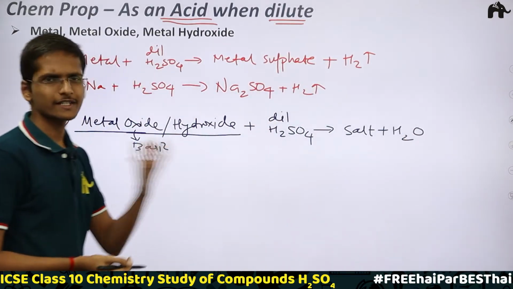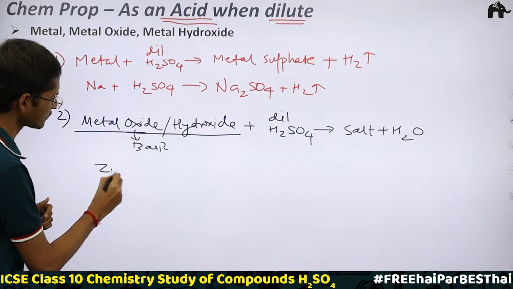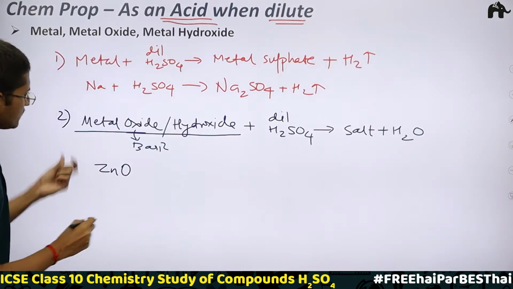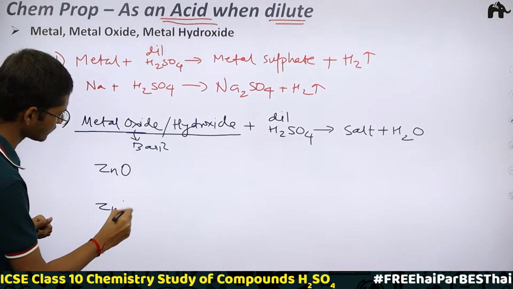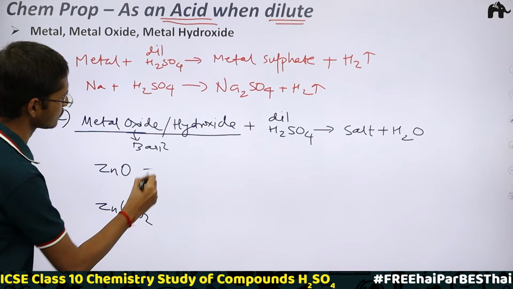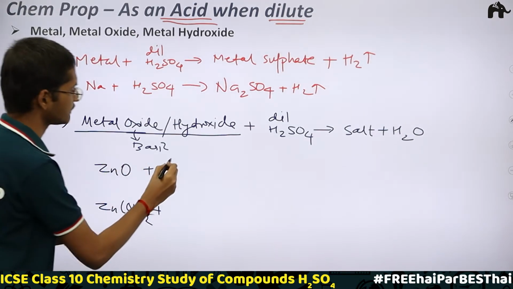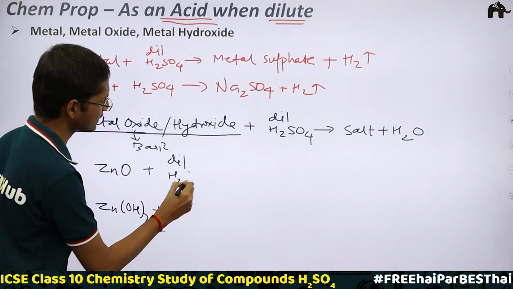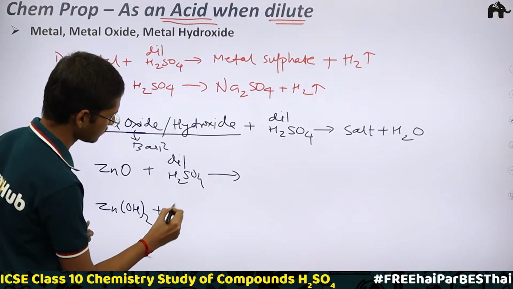Now let's take one example for metal oxide and metal hydroxide each. Zinc oxide, and another one, zinc hydroxide. So zinc oxide, when it reacts with the dilute sulfuric acid, forms salt and water.